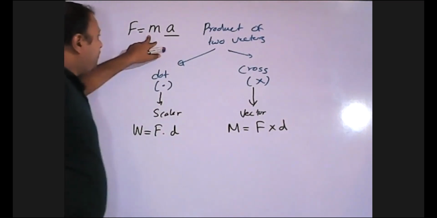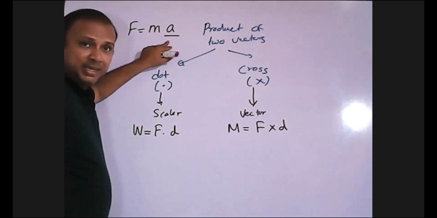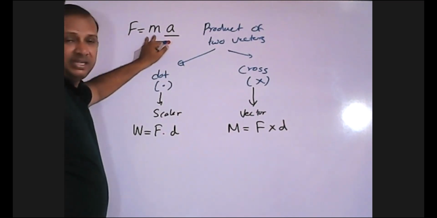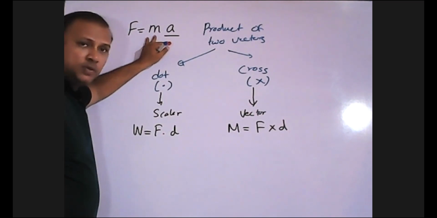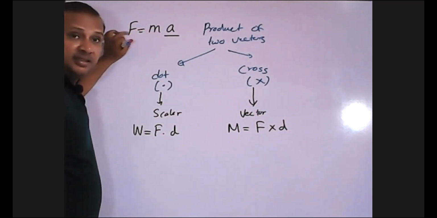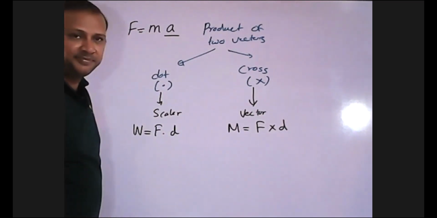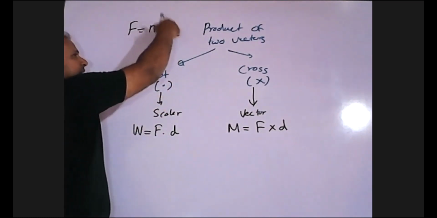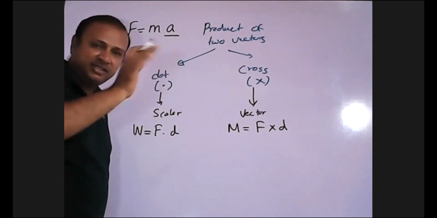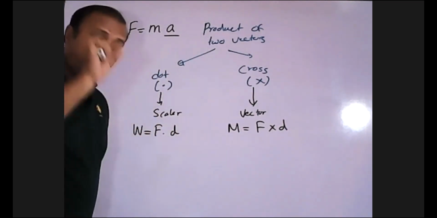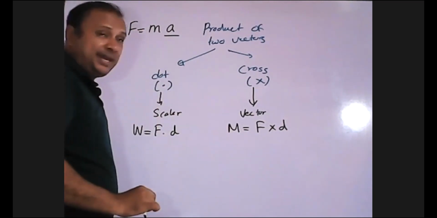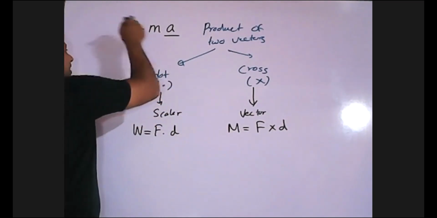So if any vector is multiplied by another scalar physical quantity, it gives a different vector. Initially it was acceleration. Once the acceleration is multiplied by mass, it becomes force.